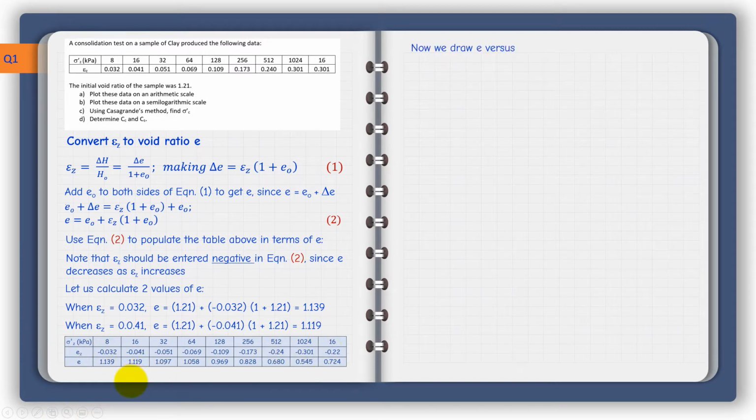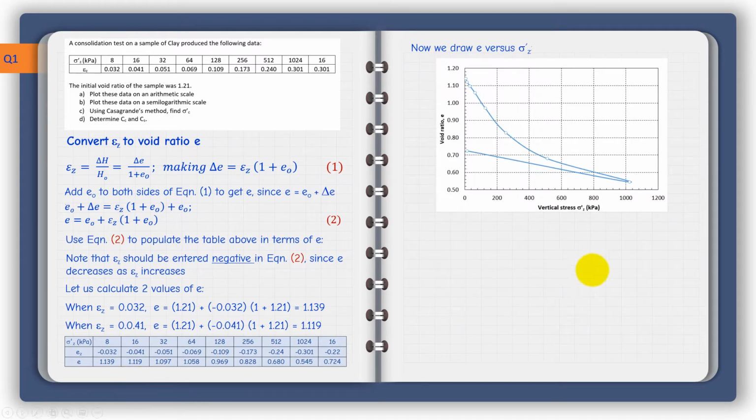Now we have completed the table. We are in a position to draw the data. So this is an arithmetic scale, void ratio versus vertical stress, and you can see the void ratio drops in that direction and the vertical stress increases in this direction.